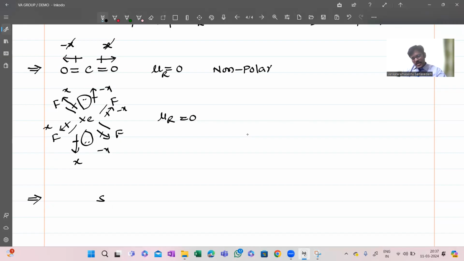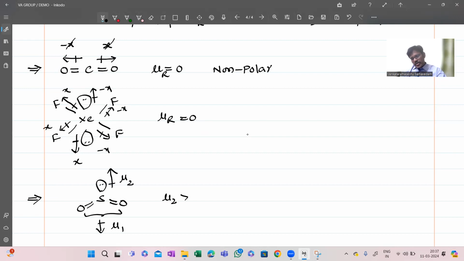If I take S double bond O, S double bond O, with a lone pair, that is the sulfur dioxide molecule. The bond moment caused by these oxygens, whatever the particular mu1 value, is less than the electron density migration caused by the lone pair. That is mu2.